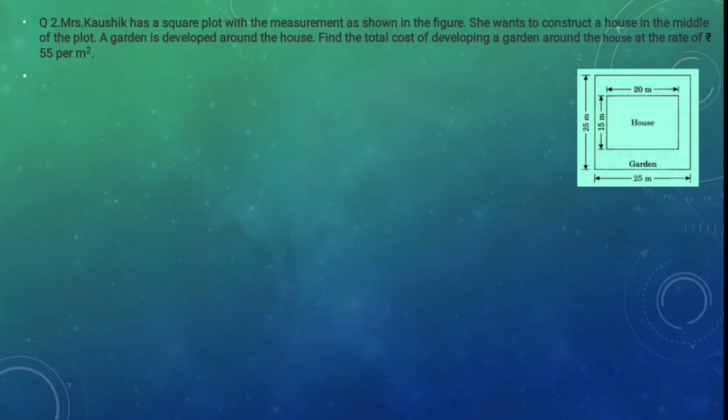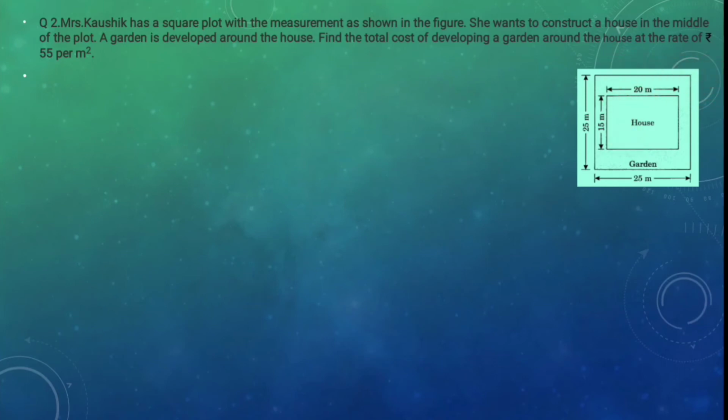A garden is developed around the house. Find the cost of developing a garden around the house at the rate of rupees 55 per meter square. See, the length of this house is 20 meter and its breadth is 15 meter.